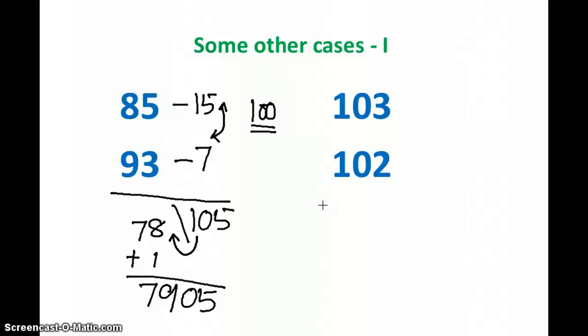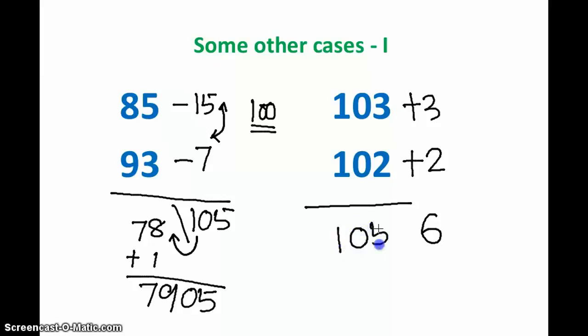Similarly, now let's multiply 103 and 102. Here 103 I can write as plus 3 and 102 as plus 2. So 3 2s is 6. 103 plus 2 is 105, or 102 plus 3 is also 105. So is the answer 1056? Of course it is not, because on the right side, since the base is 100, we have to keep two digits, but we got only one digit after multiplying 3 into 2.